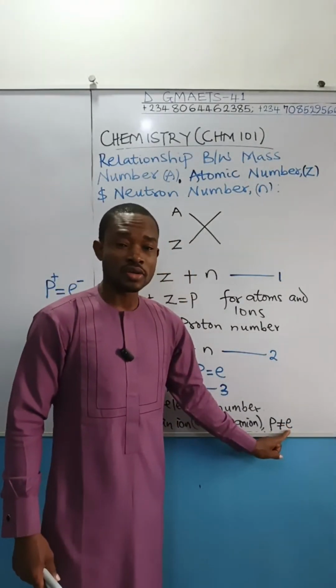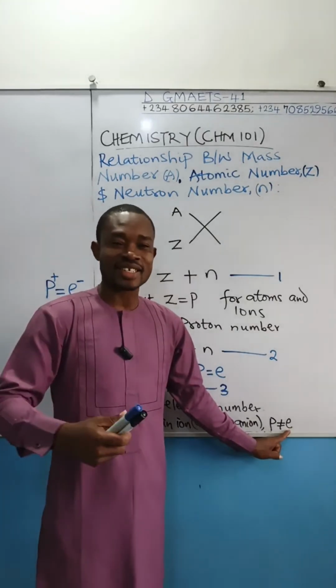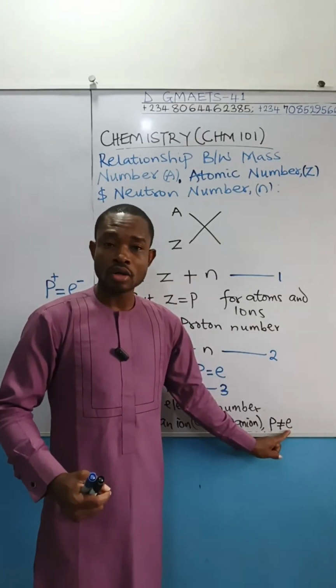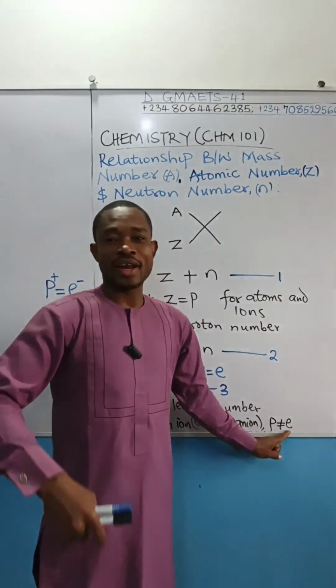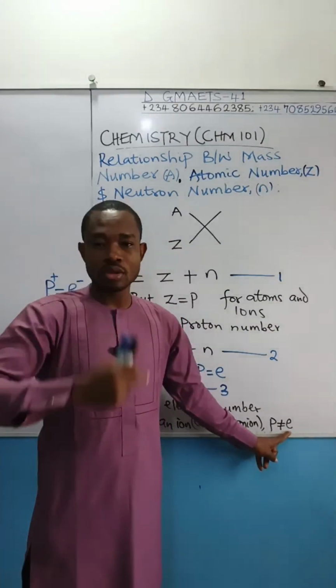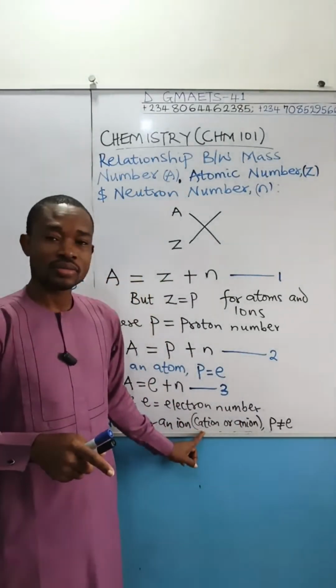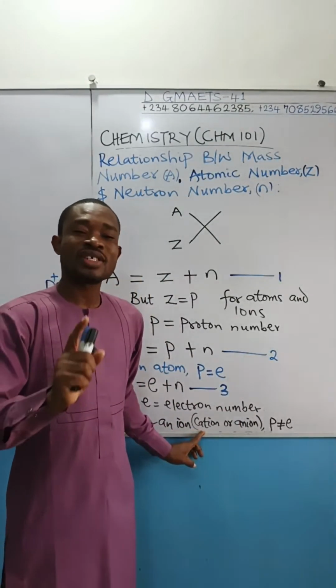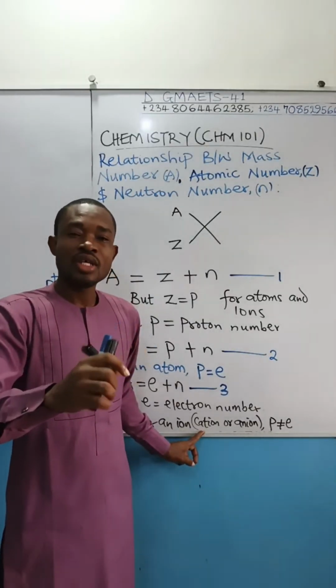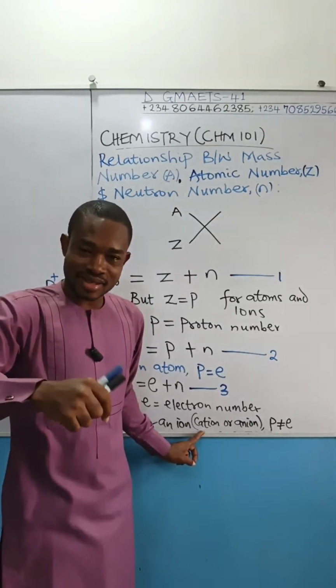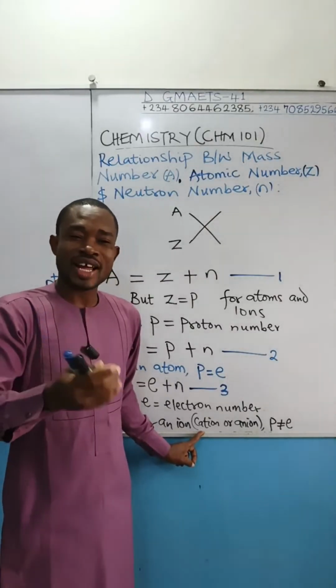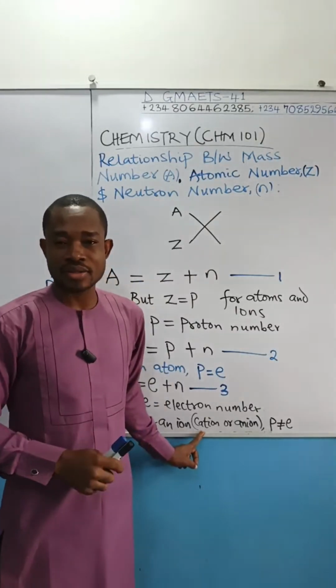Because for ions, they either have excess electrons or fewer electrons than what it is supposed to be. For example, if I talk about cation, the number of electrons in cations is always less than the number of electrons that the atom of that ion has.